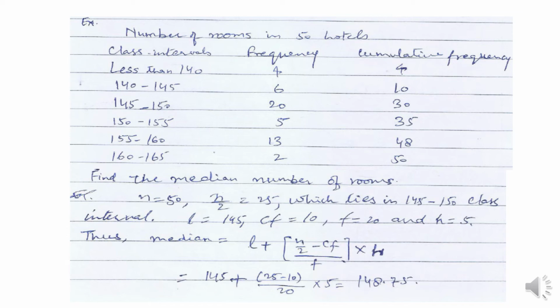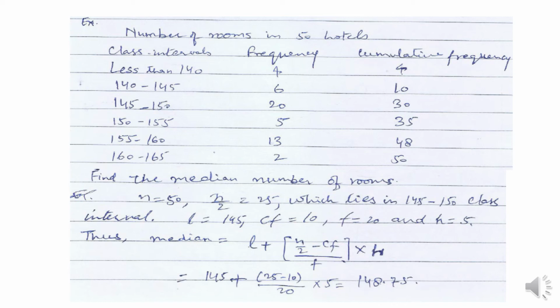So cumulative means we will take the first value as it is, and for the next we add 4 plus 6 is 10, and 10 plus 20 is 30, 30 plus 5 is 35, and we keep adding the next frequency value. So 35 plus 13 is 48, and 48 plus 2 is 50. So here n is 50. The total number of observations is 50.